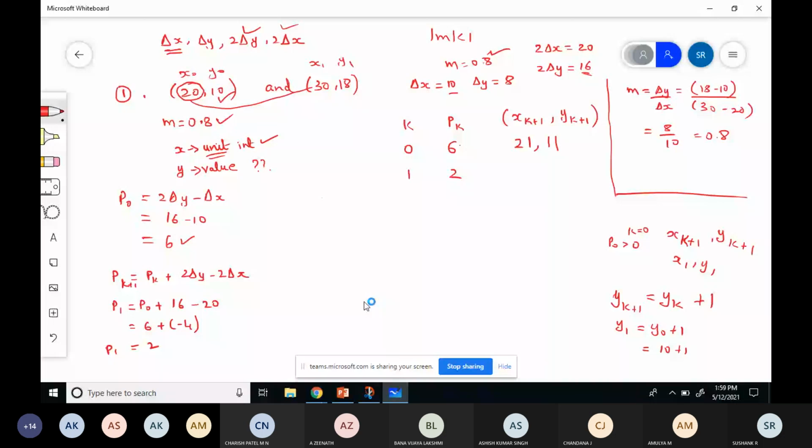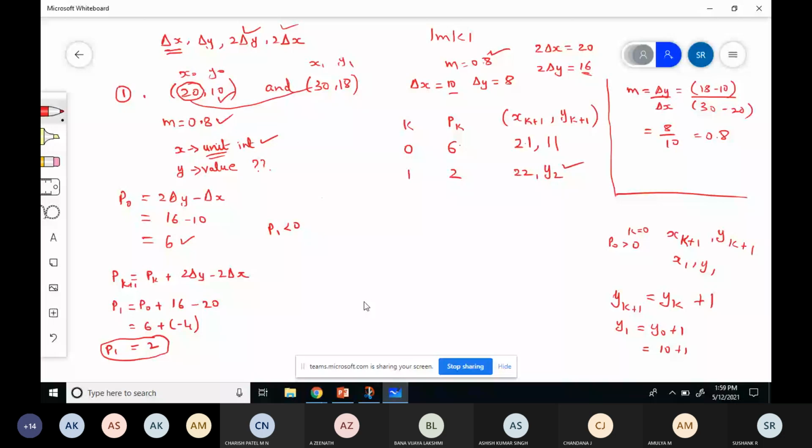What is x2? For this you have to add 1, so it will be 22. Now in order to decide the y2 value, you have to check this condition. If p1 is less than 0, you have to select yk.